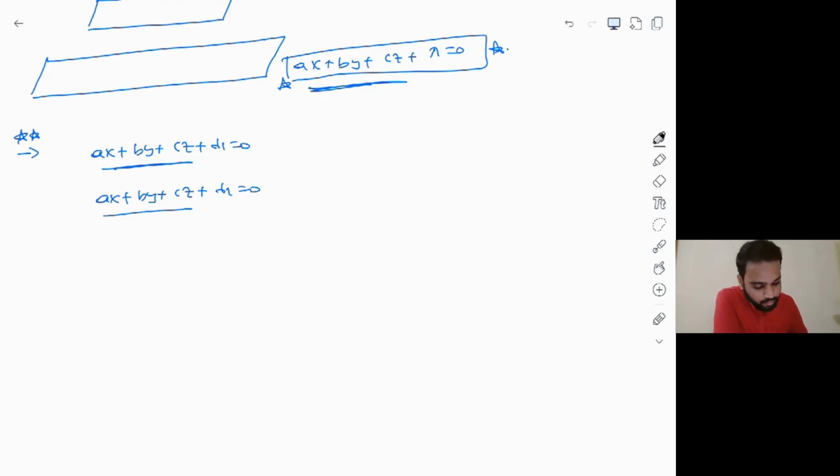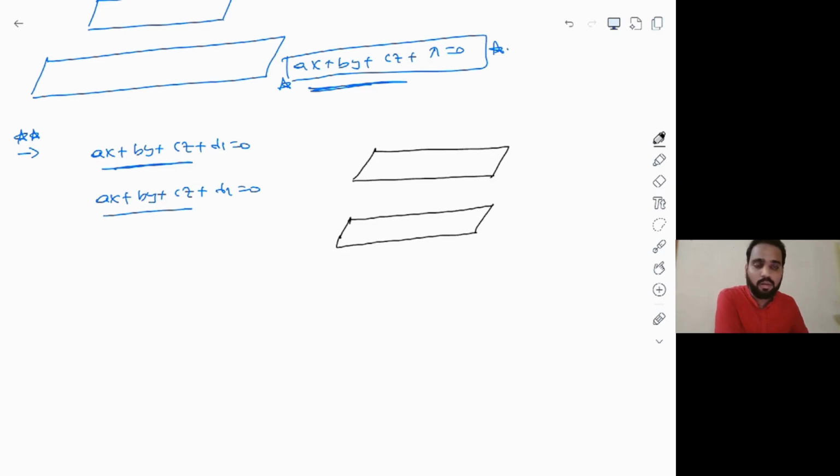Now, just imagine this scenario. This is a plane and this is another parallel plane. Now, I want to find out the distance between these two parallel planes. What is the meaning of the distance between two parallel planes? Meaning is, if you pick any point on one of the planes, you just need to find out the perpendicular distance to the other plane, and that is nothing but distance between the parallel planes.